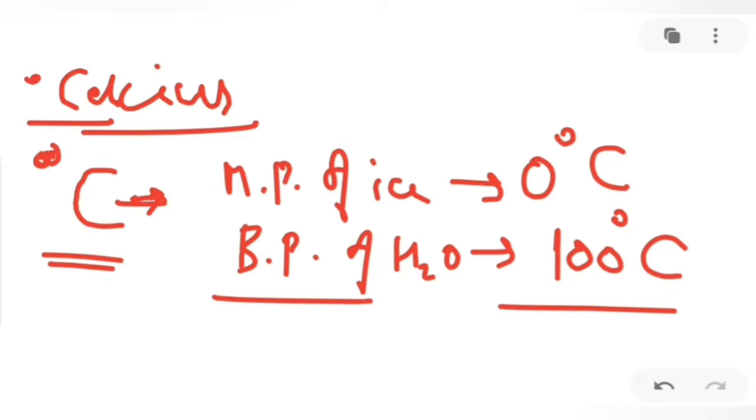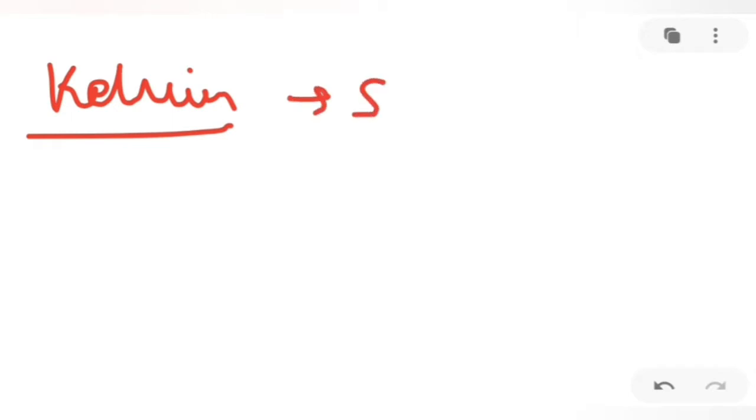Now let us move to another unit, that is Kelvin, which is also the SI unit. Why is this known as the SI unit? Because it is being used by most of the scientists and for research purposes.